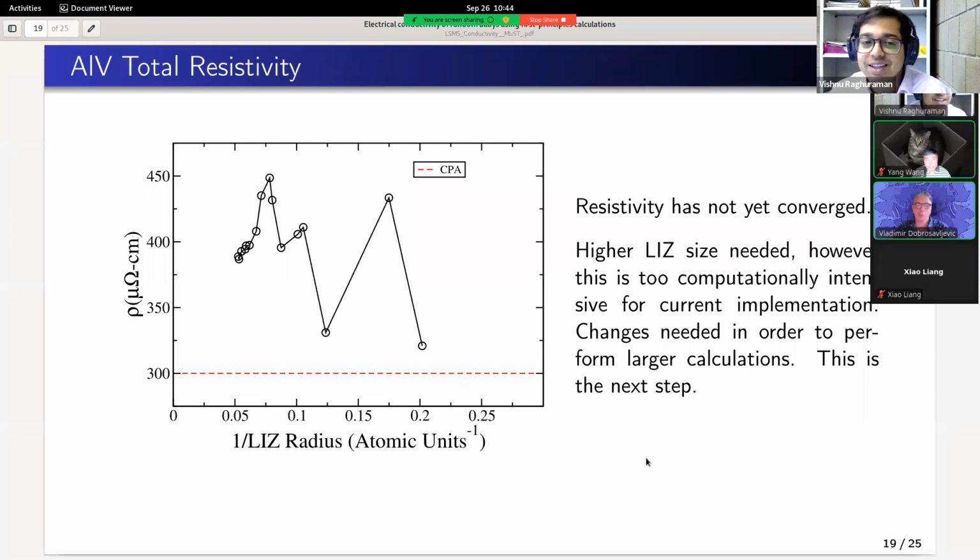It's sloping down, right? Yeah, but there's some oscillatory behavior in the resistivity, because there's randomness and you consider more and more neighbor shells. Okay.